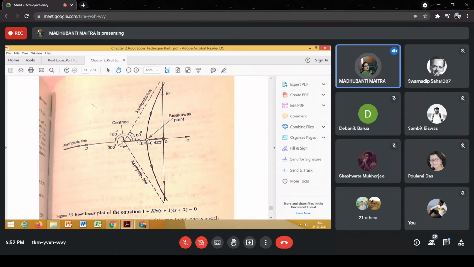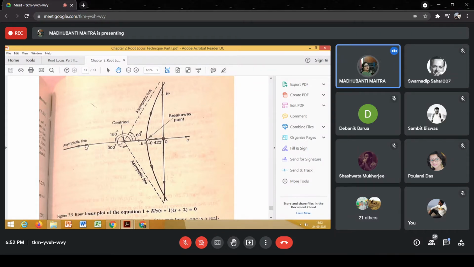On this particular on-locus segment, at a particular point, two real root branches will meet, and after that, if we increase the value of gain k beyond this value, these two real root branches will form two complex conjugate root branches, which tend towards infinity along two straight line asymptotes.